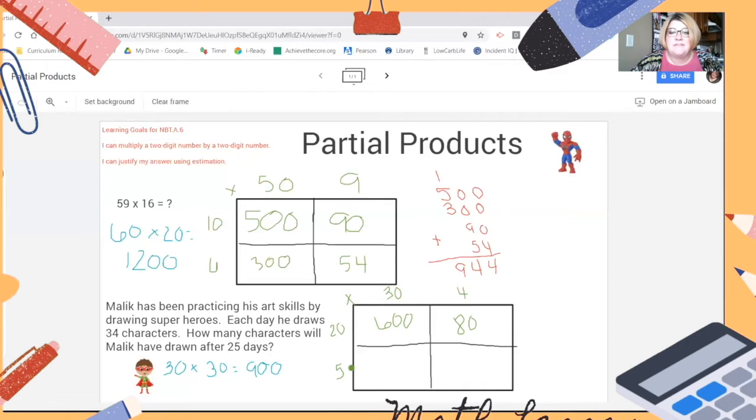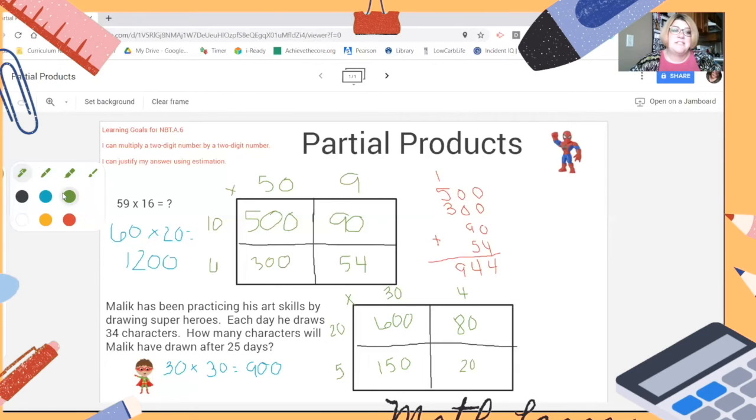Finally, I have 5 times 30. 5 times 3 I see is 15. And I only have 1 zero, so that becomes 150. And last but not least, 5 times 4. 5 times 4 is 20.